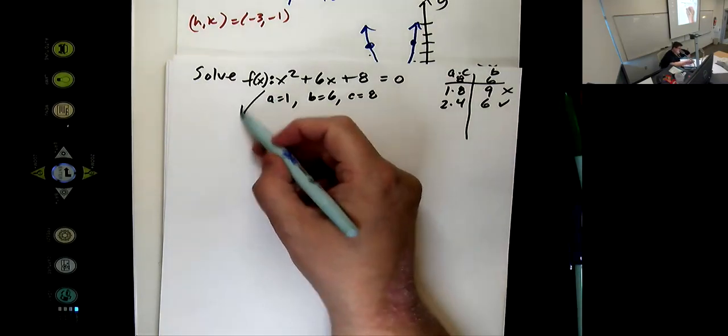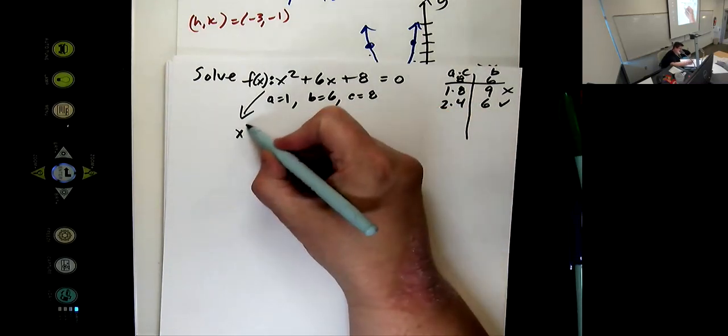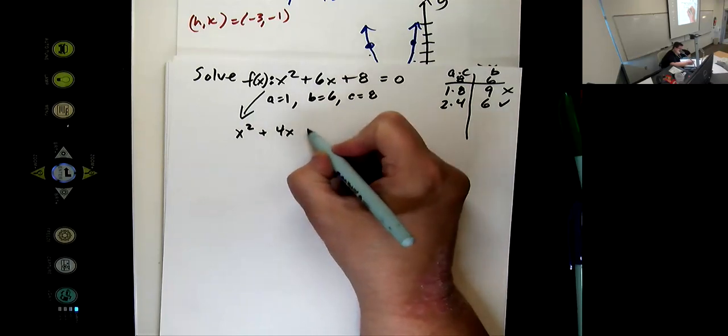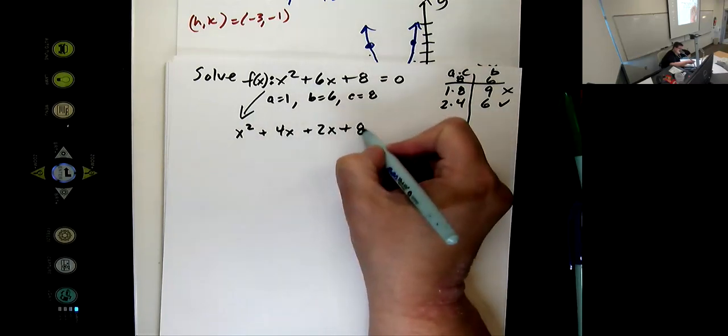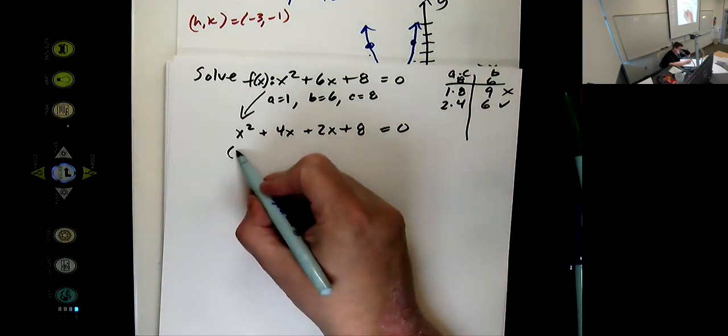So the way we did this, even without acknowledging a equals 1, is we could split the 6x up into 4x and 2x and do some grouping.